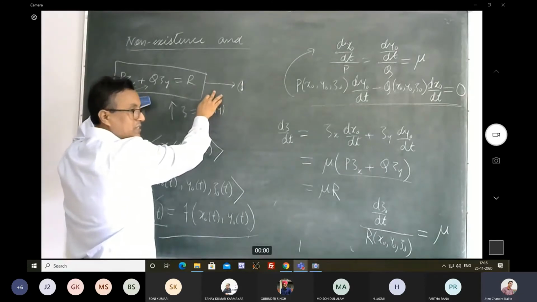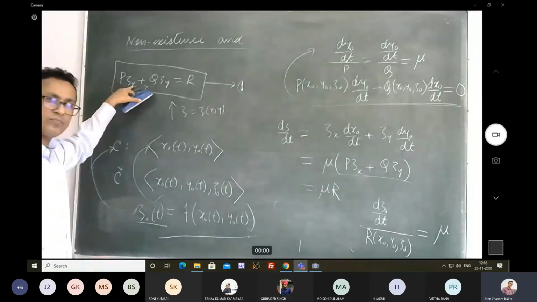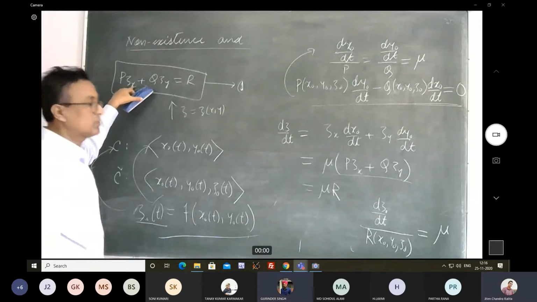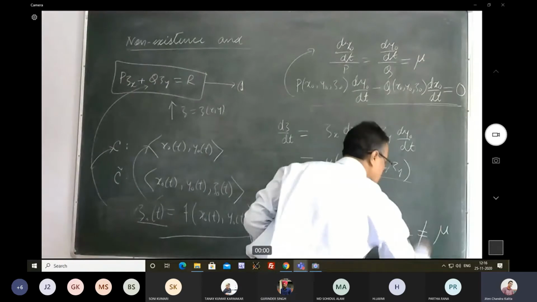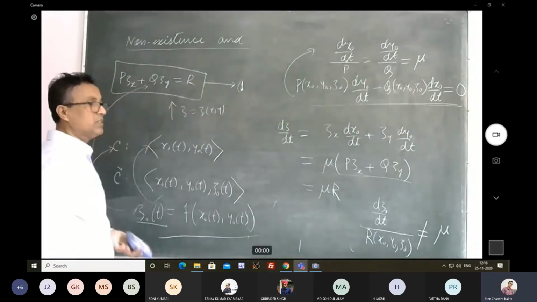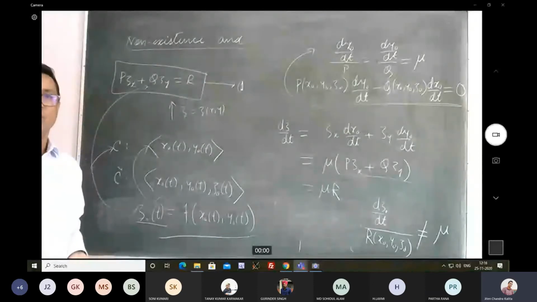If not, it doesn't. Is it okay? Right? So if this is not equal to mu R, this equation doesn't have a solution. So it is a case of no solution.